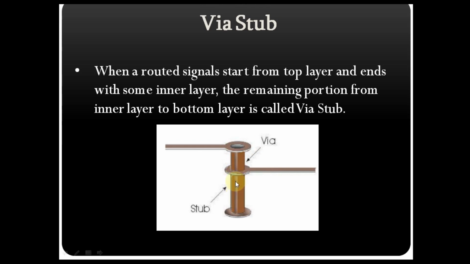Let's say you have drilled from top to bottom layer, but you are using your signal from top to one inner layer, and there is no signal traveling from your top to bottom layer. So this portion is left. This is called the stub.